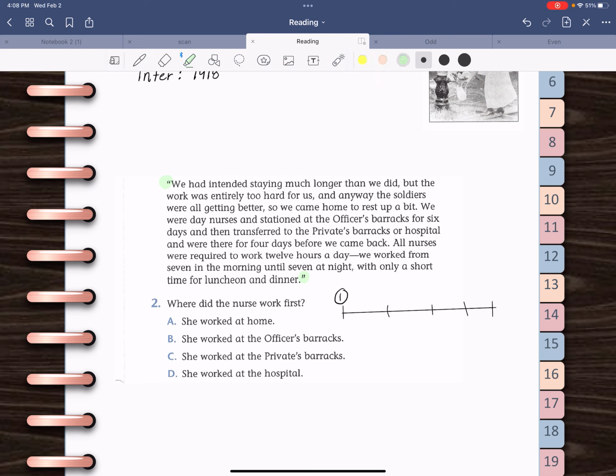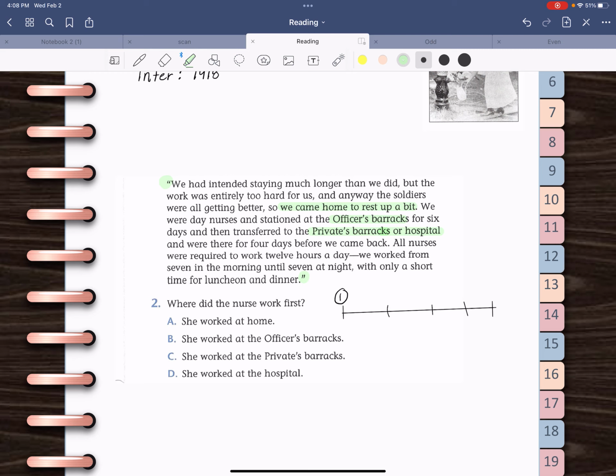So let me mark the details that we're interested in. She mentions that they came home to rest up. Be careful though, just because it's mentioned first doesn't mean it happened first. We were day nurses stationed at the officers' barracks, then transferred to the private's barracks or hospital, and were there for 4 days.